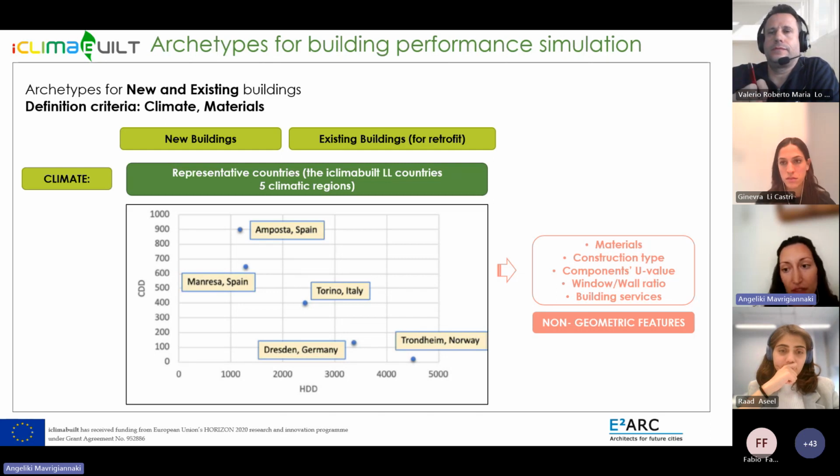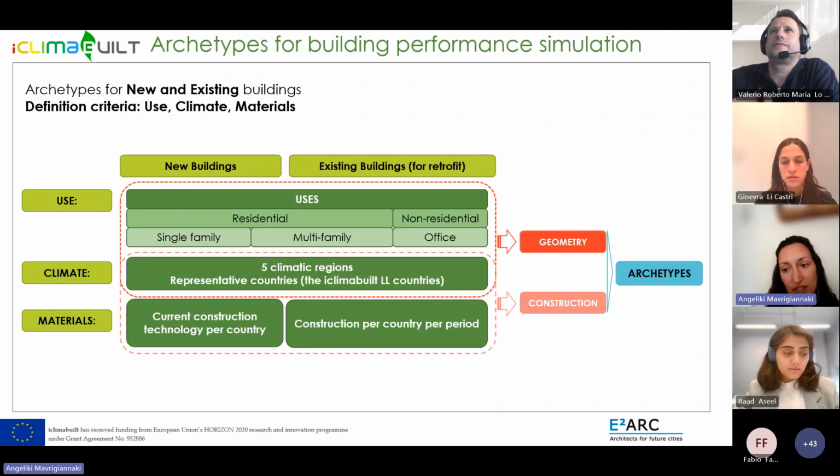Also different areas of windows, and finally different building services to cover the specific energy needs that are related to its climate. So these are all the non-geometric features of our archetypes. By combining the geometric and non-geometric features, we could eventually end up with our final completed archetypes.